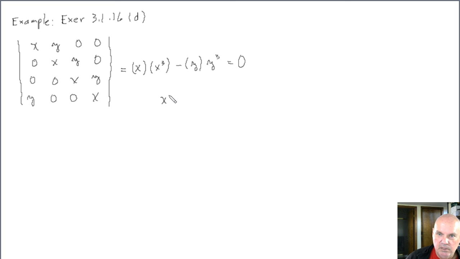So I set that equal to 0, and I get x cubed equals y cubed, so the determinant is going to be 0 as long as x is equal to y. It doesn't matter if they're both 10, or both 3, or both pi, or both 1,000. If the matrix has this form, it'll have a determinant of 0.